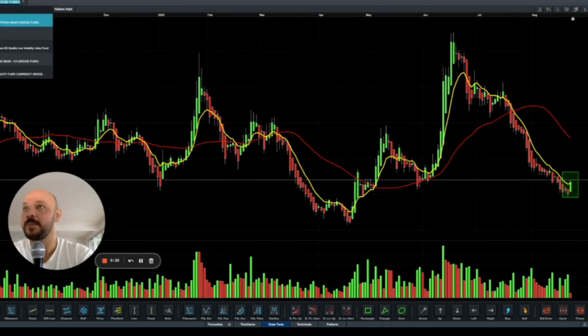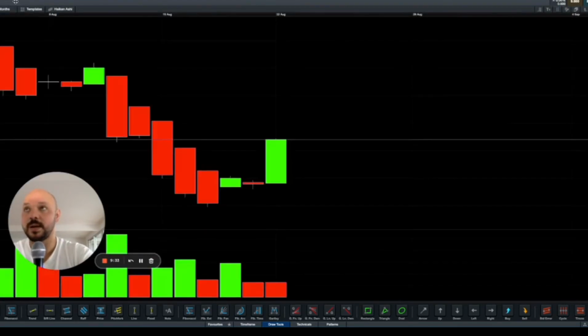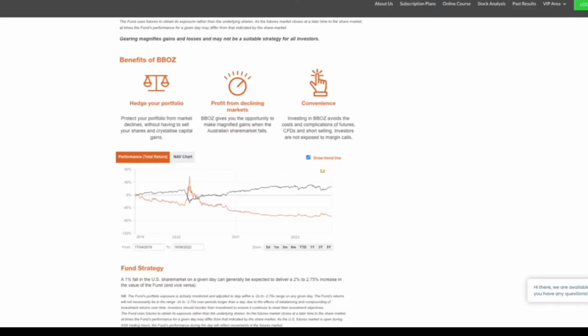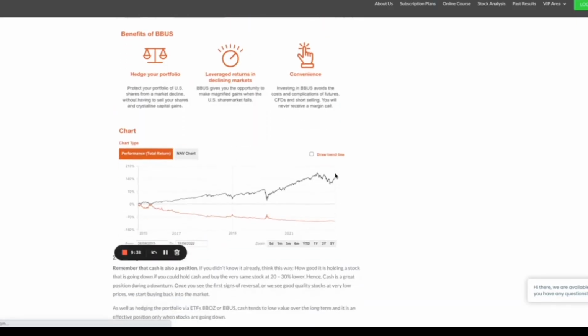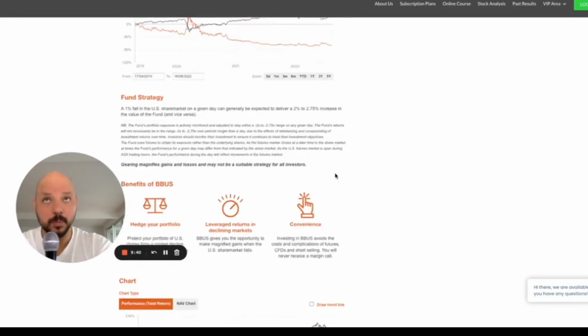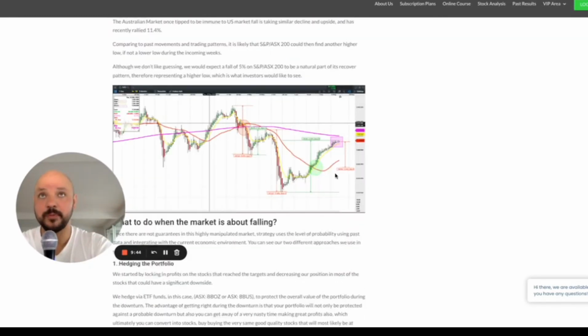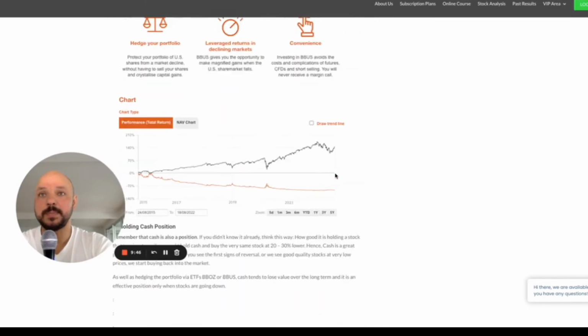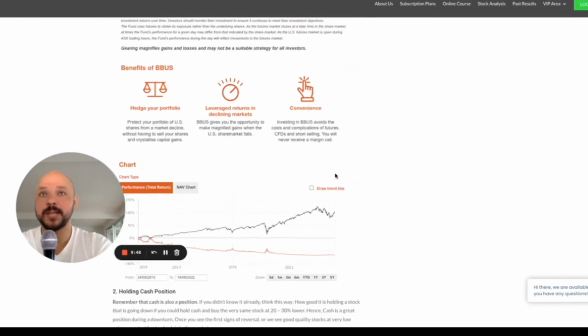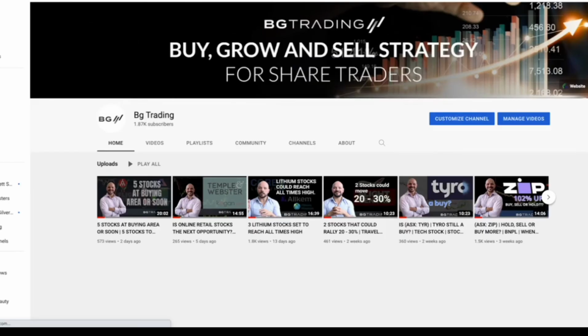BBUS is another hedge fund that moves against the SP 500 movement. It is a fund that actually swings a lot more than the ASX one.